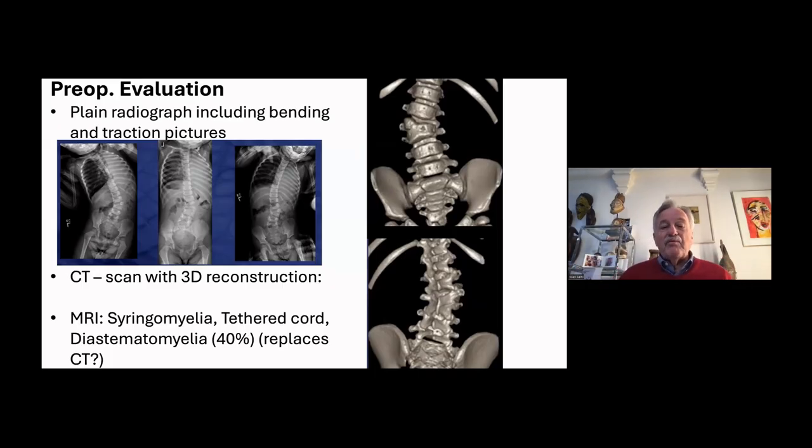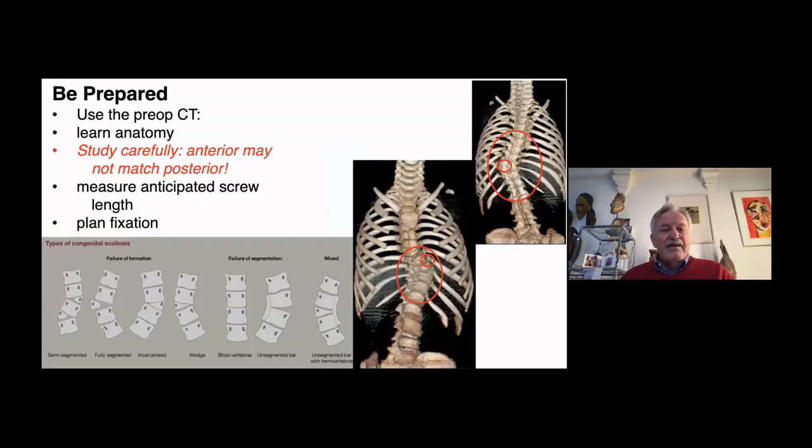So the question is, do we need the CT? Can we not do everything with the MRI, which also delivers the information about the intraspinal issues? So we have to be very well prepared when we go into the surgery. And until now, what we do is we use the CT scan.